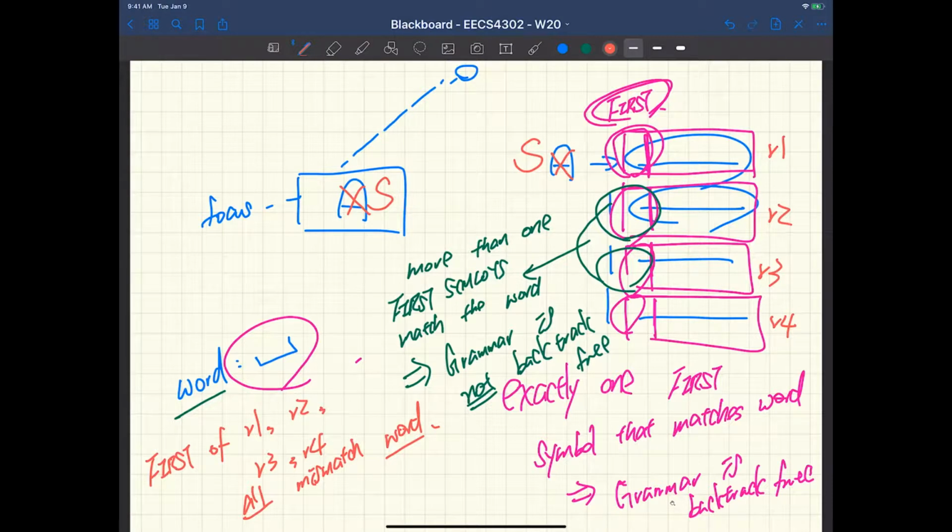Let's say I'm currently trying to expand the internal node that represents the start symbol. And the start symbol produces 4 possible rules, R1, R2, R3, and R4. Somehow I figure out the first symbols for rule number 1, rule number 2, rule number 3, and rule number 4, but none of them matches the current word.